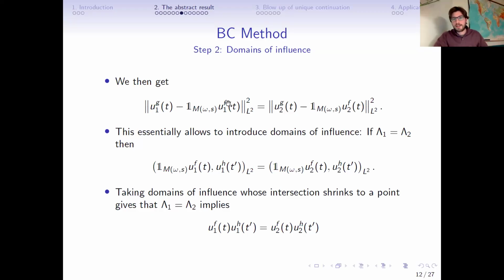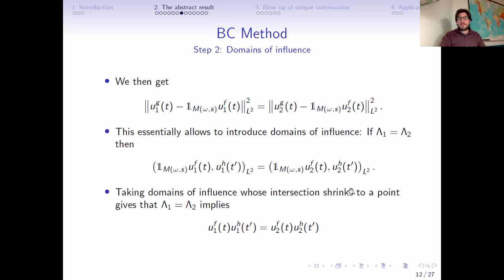So this is the key identity that we get by approximate controllability, always under the assumption that the source to solution maps are the same. And then using this, we can indeed incorporate characteristic sets in our inner product. And now, once we can have a characteristic set in our inner product, we can use it to localize, because S is a free parameter essentially.